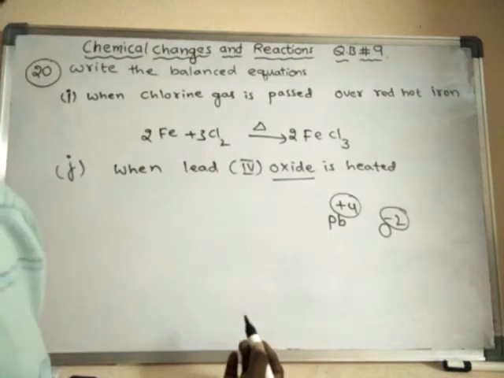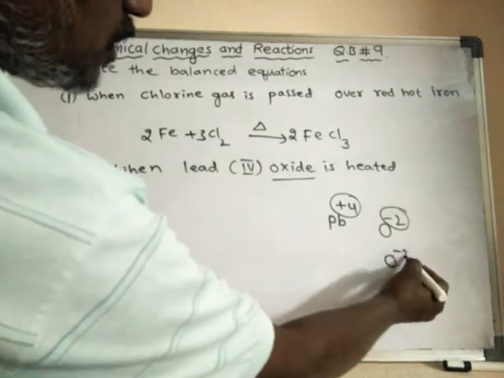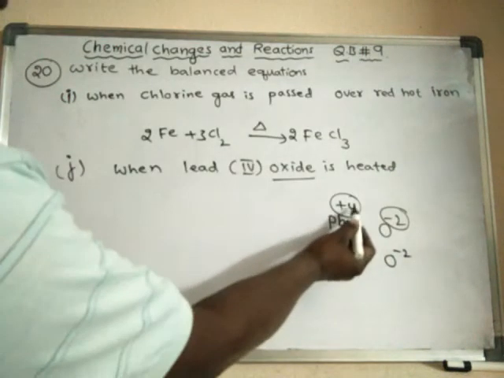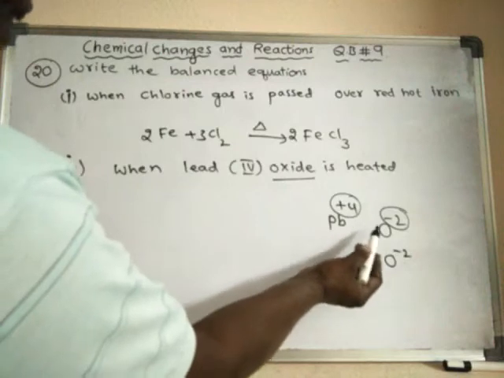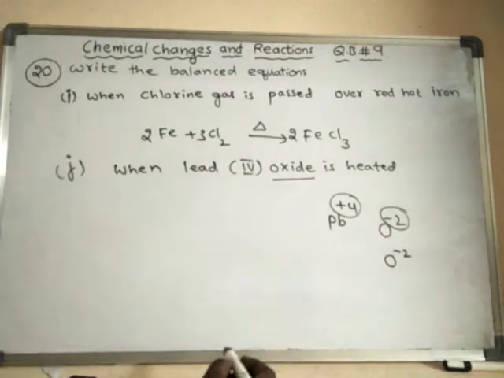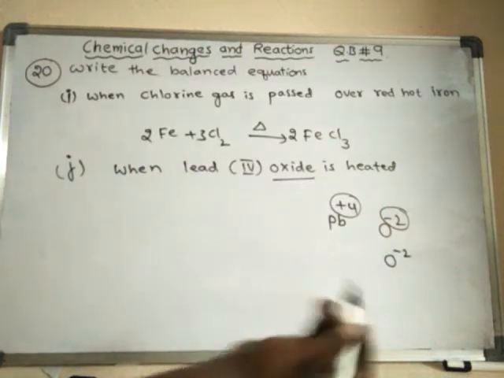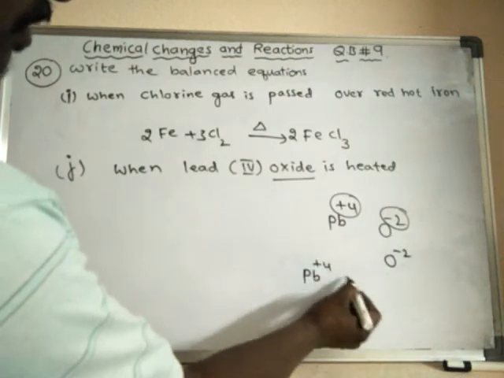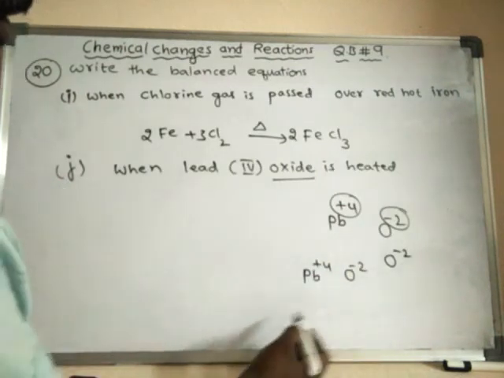No. One more oxide is necessary, because there are 4 positive charges, and in order to balance 4 positive charges we require 4 negative charges. Or else we may write this by the crisscross method.